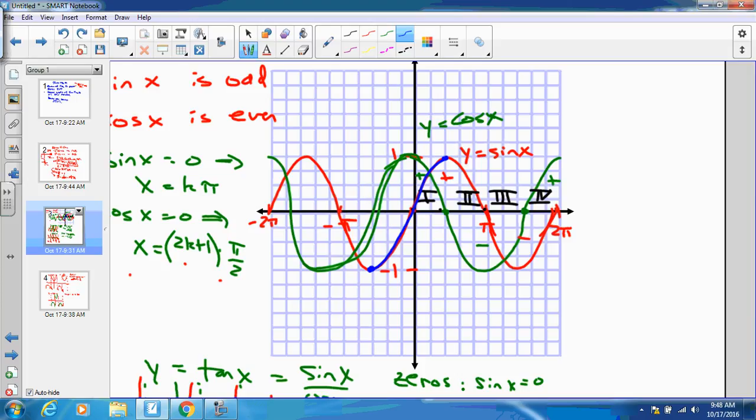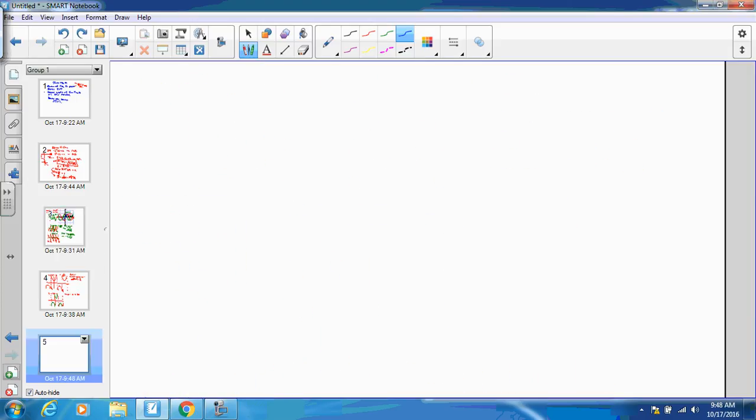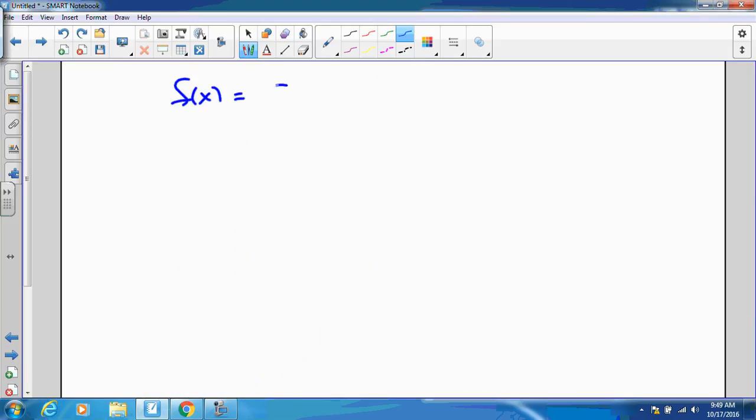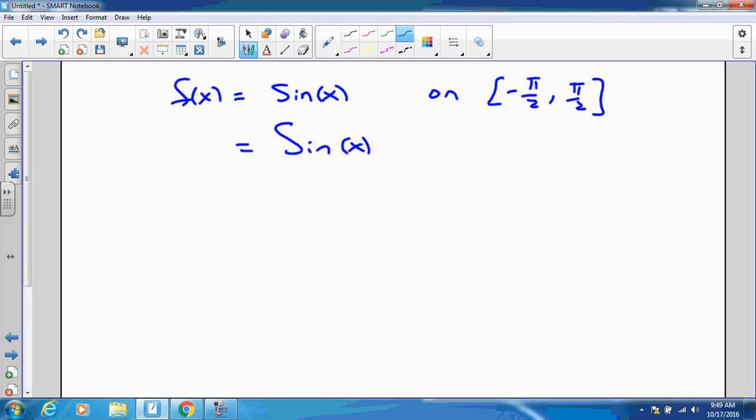So I can take the function f of x equals sine of x on the interval negative pi over 2 to positive pi over 2. I'm going to call it capital S sine of x, and this is going to be our invertible function. F inverse of x is going to be inverse sine of x.